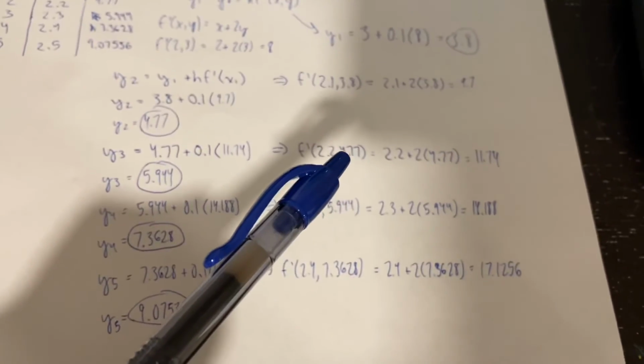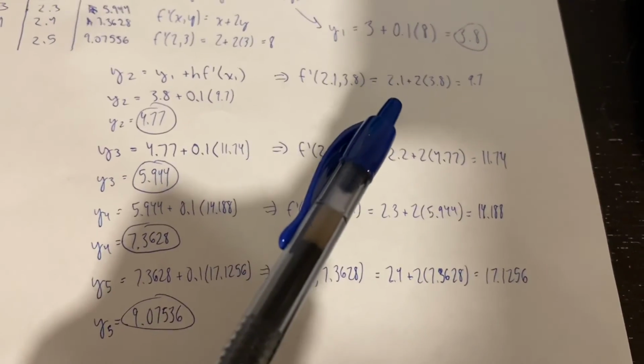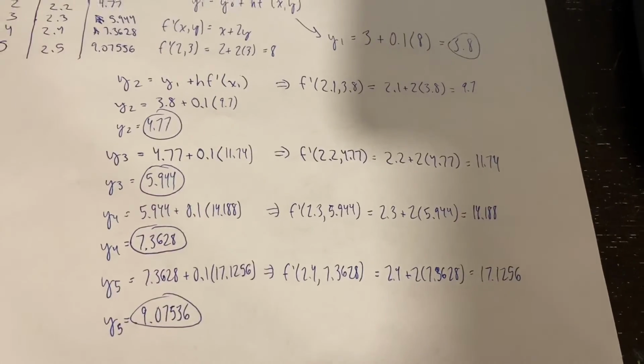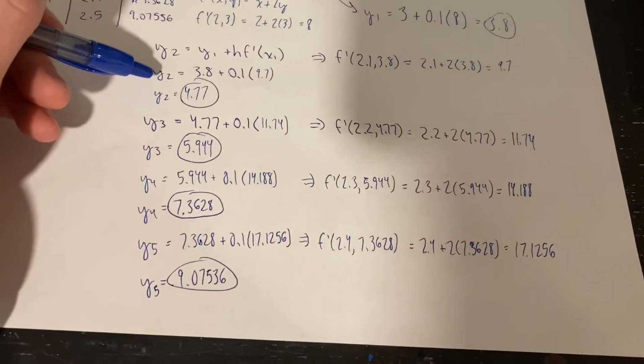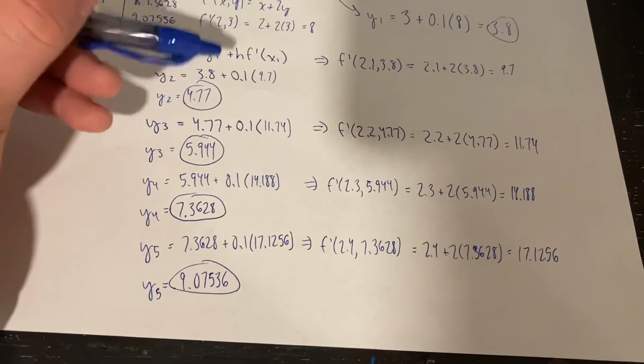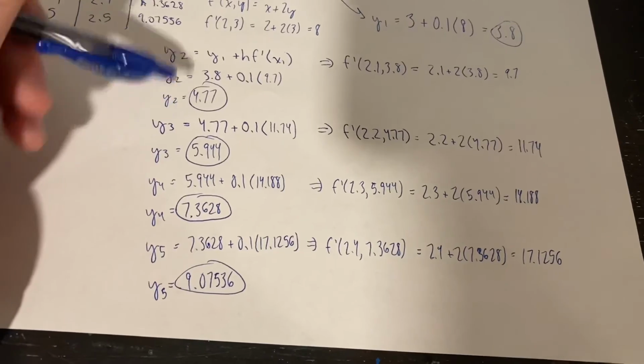Using x plus 2y, it's going to be 2.1 plus 2 times 3.8, which is equal to 9.7. So y sub 2 equals 3.8 plus 0.1 times 9.7, which is 4.77.